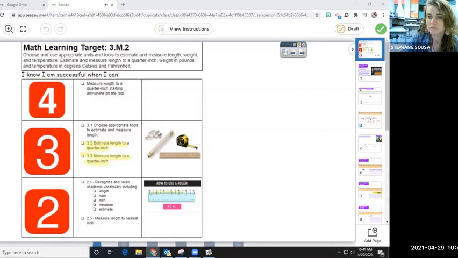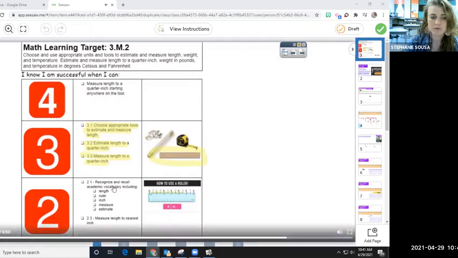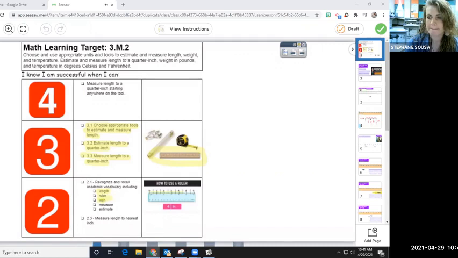Today we will also discuss the appropriate tool to measure length, and today that tool is a ruler. In your discussions today, you should be talking about these vocabulary words: length, ruler, inch, measure, and estimate.